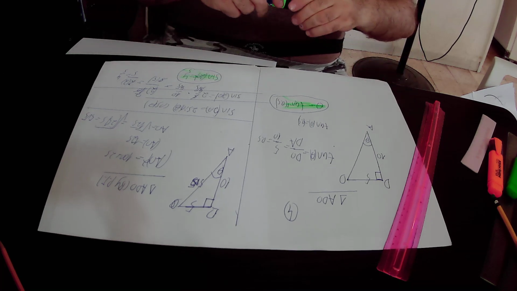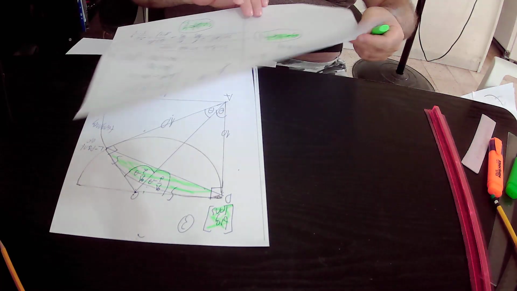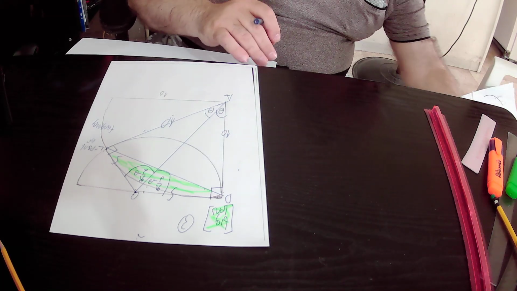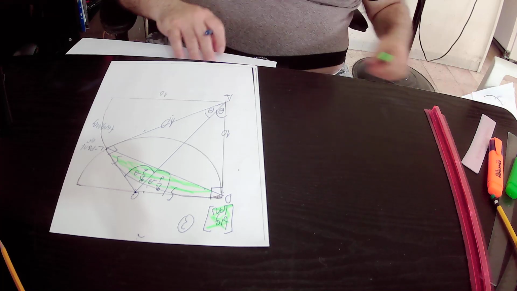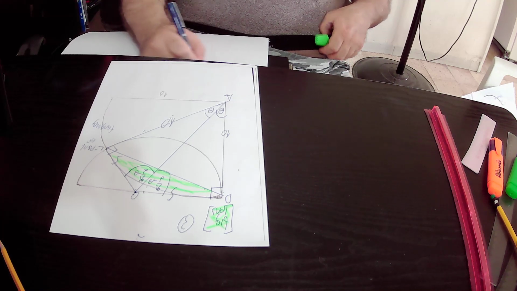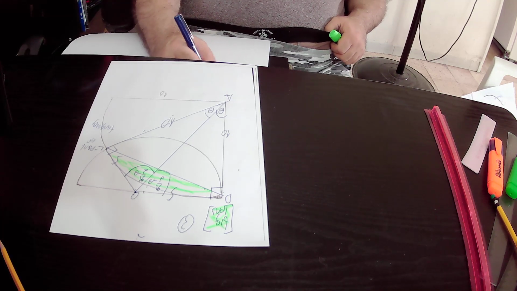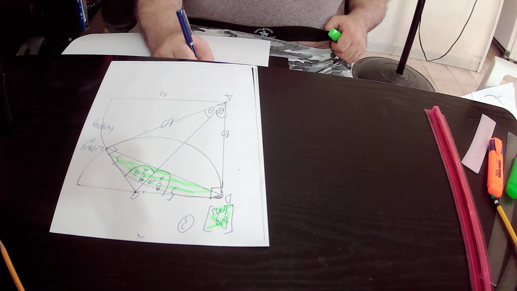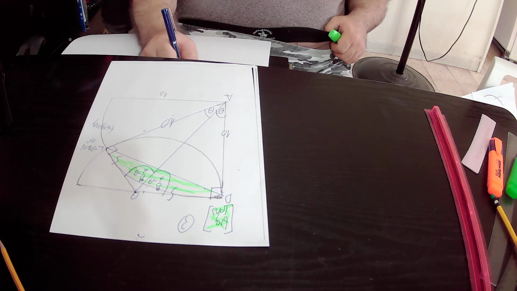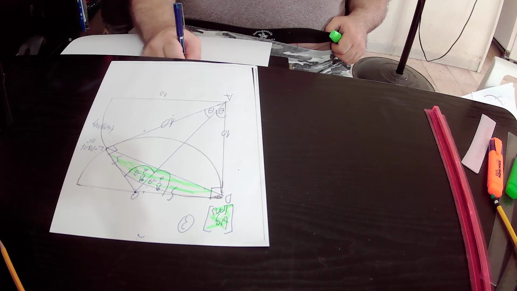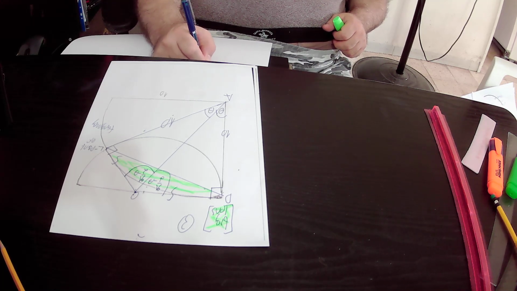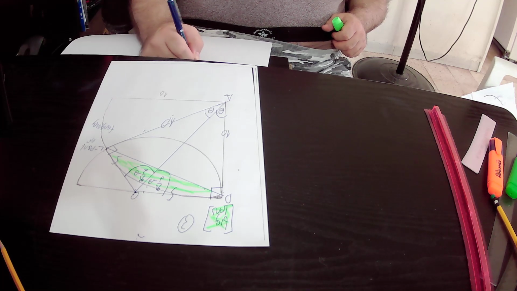So I copy again the result that we got here. We found out that tangent minus 1 of 0.5 equals theta, and we found out that sine 2 theta equals 4/5.